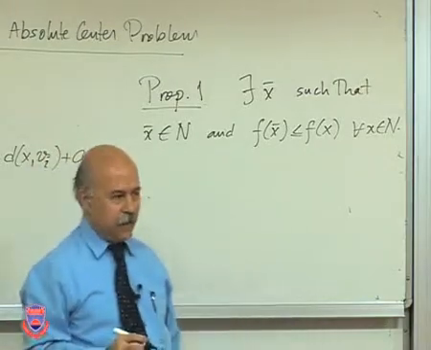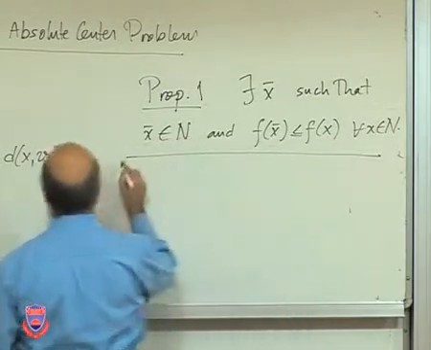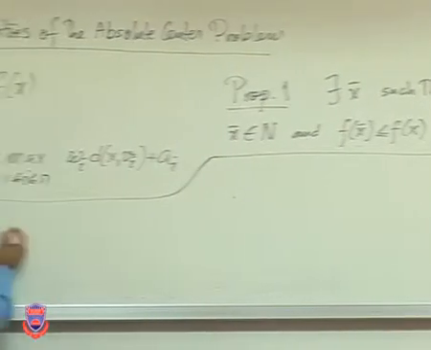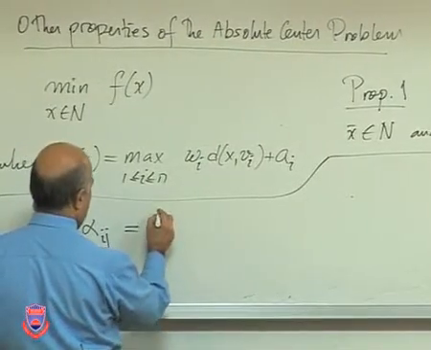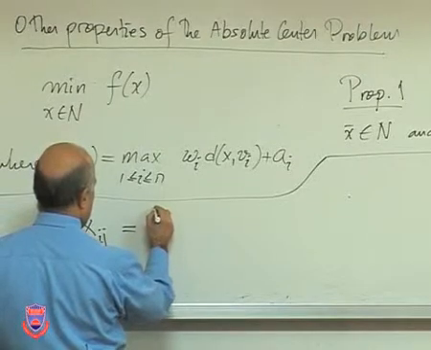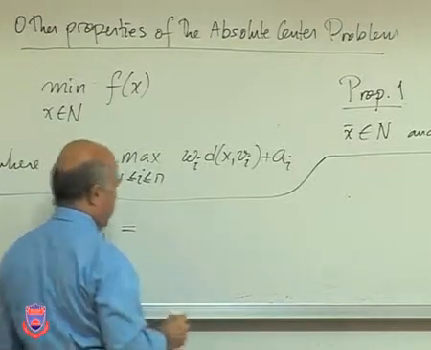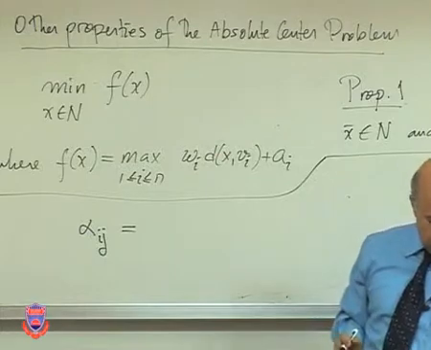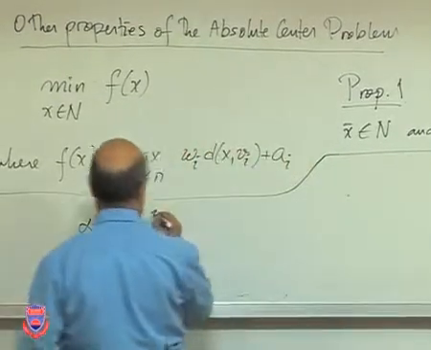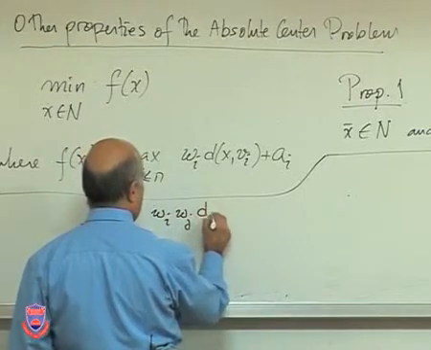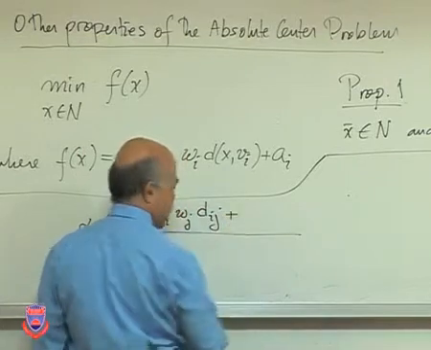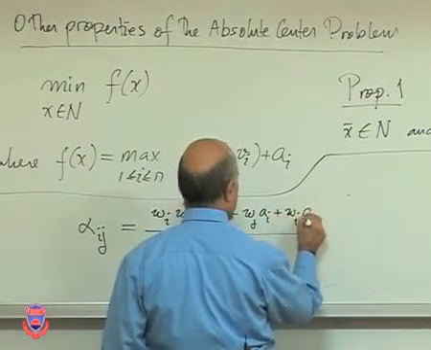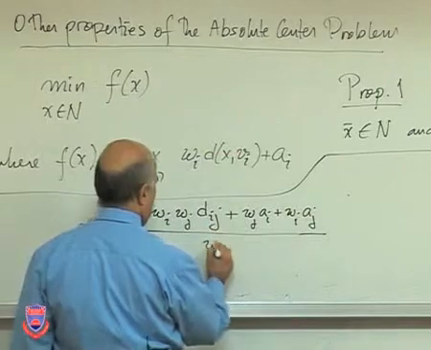After this, we decided to define a number, alpha ij, which is equal to, I'm going to give you the traditionally used one, which is wi times wj, distance between i and j, plus wj times ai plus wi times aj, divided by the sum of the weights.